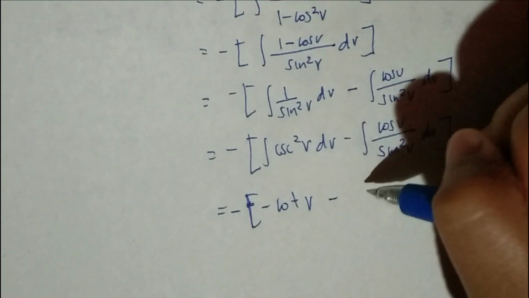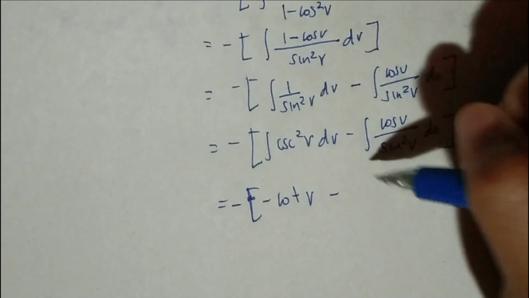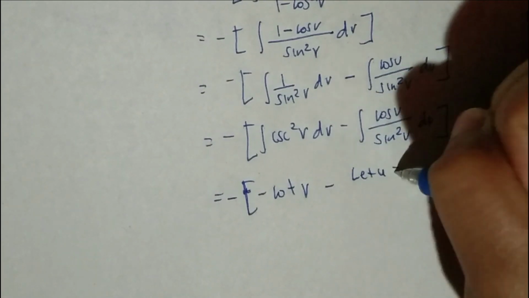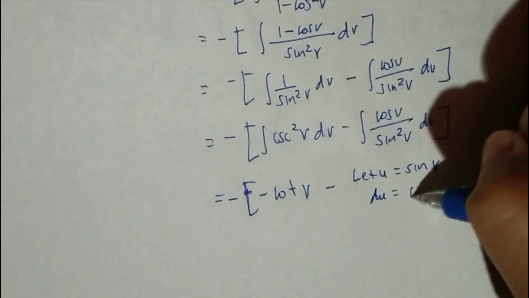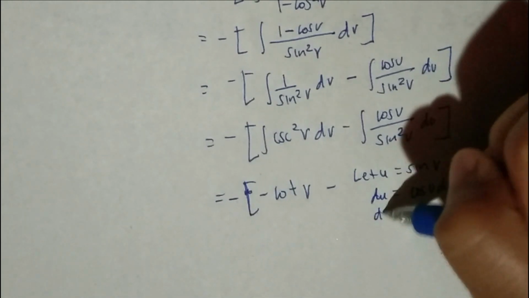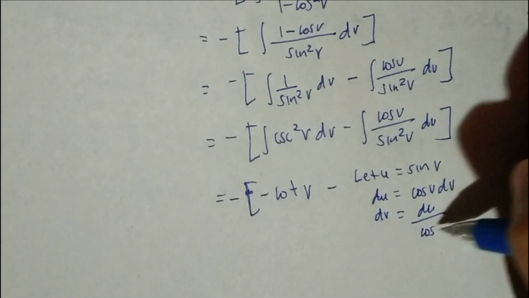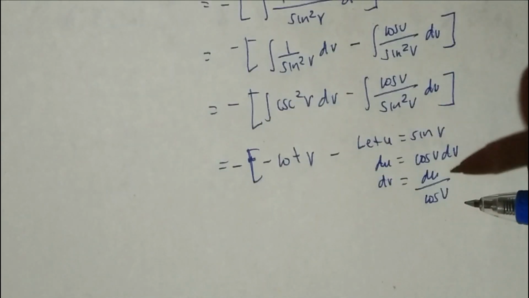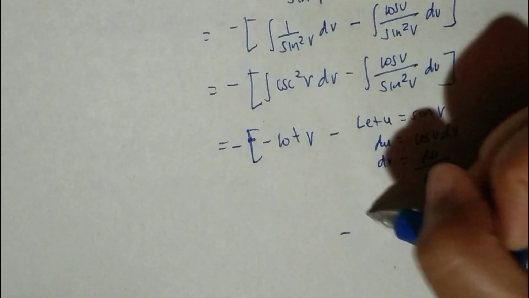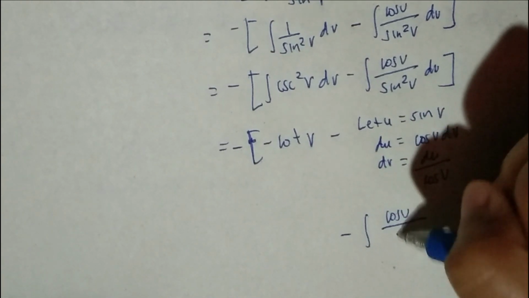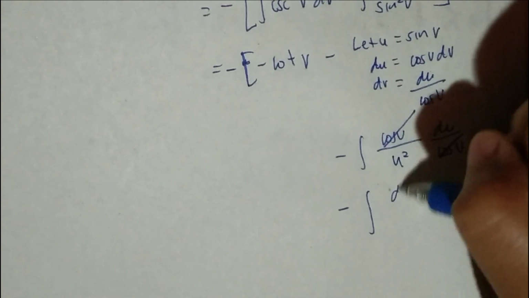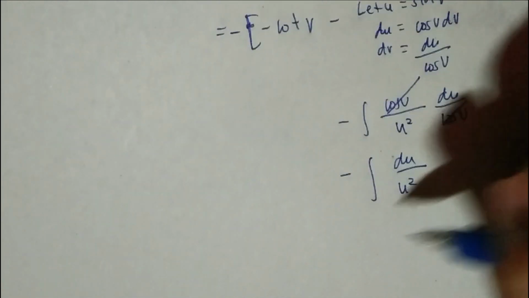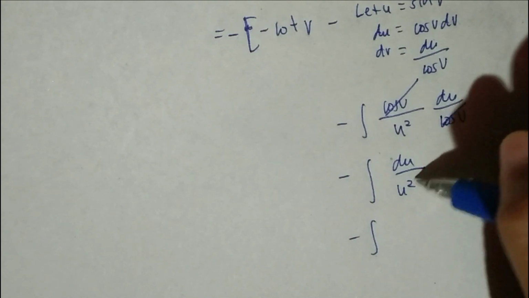And with this one, we will let u = sine v, and our du is cos v dv. So our dv is equal to du over cos v. Let us substitute. We will have the integration of cos v over u squared times du over cos v. So this will be cancelled. We are left with du over u squared. Let's put the u squared in the numerator.